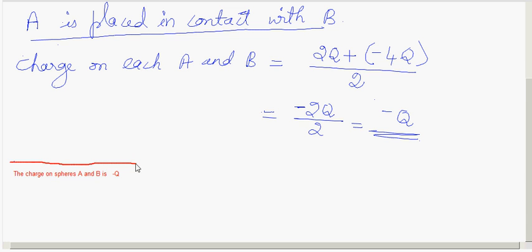This is the answer, minus q. We have a minus sign here. The charge on spheres A and B is minus q. Hope you understood this problem.